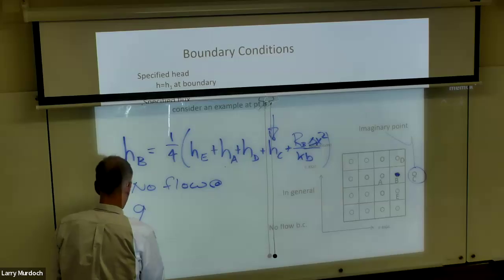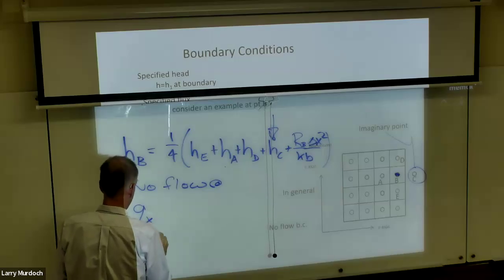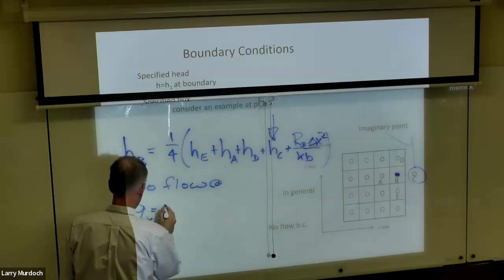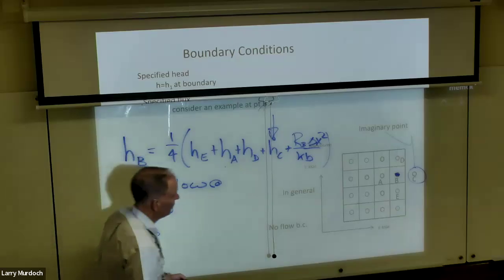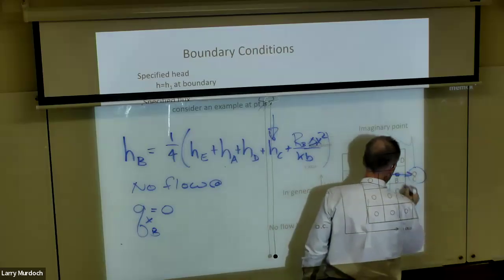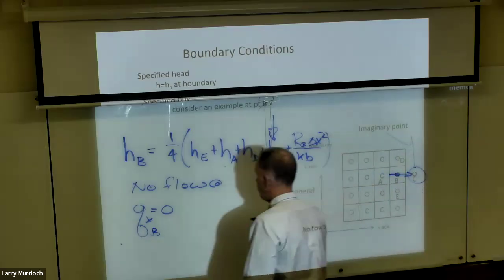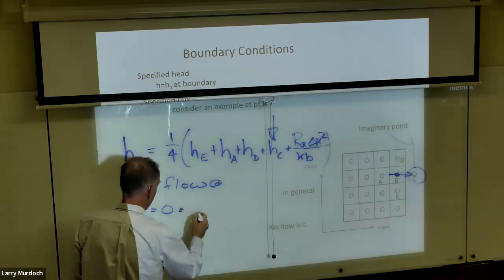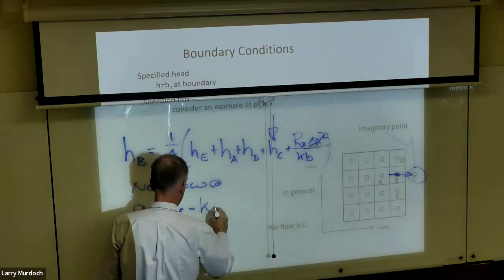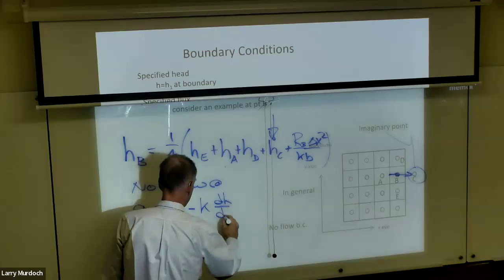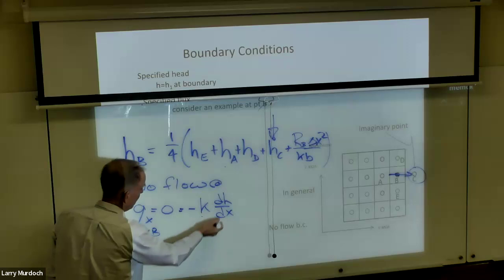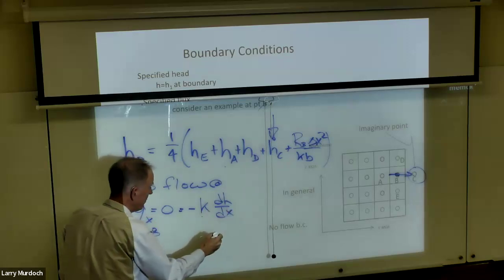let's see, Q X at B is 0. So the flux in this direction is 0. Right? So that's going to be minus K dH dx. Well, K can't be 0, so it must mean that this is 0.